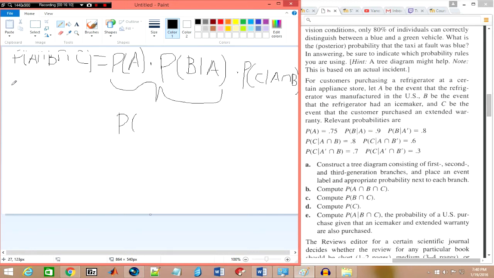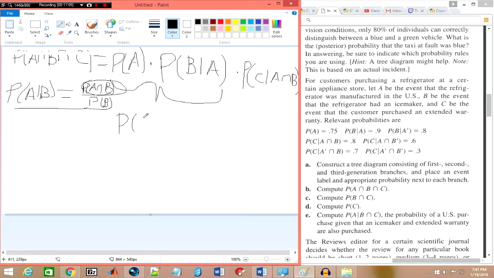So let's see. No, right here, probability of A intersect B is equal to the probability of A. No. Probability of A given B is probability of A intersect B over probability of B. So if you take this and you multiply by this, you should get that, which is what we did here.